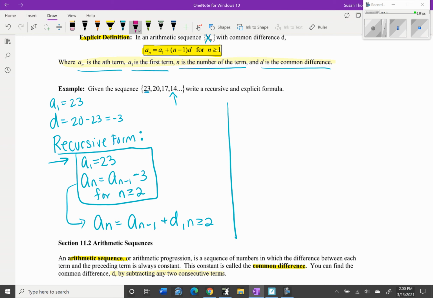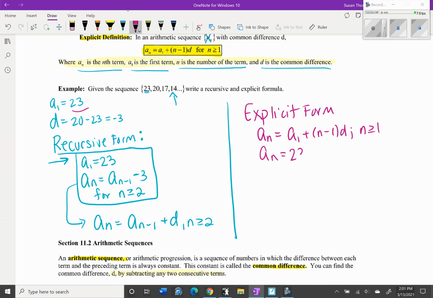So looking at then the explicit formula, again, I'm just going to write down the formula. A sub n is equal to the first term plus n minus 1 times d for n values greater than or equal to 1. So in this case, a sub n is equal to, my first term we said was 23, plus n minus 1 times my common difference, which is negative 3.